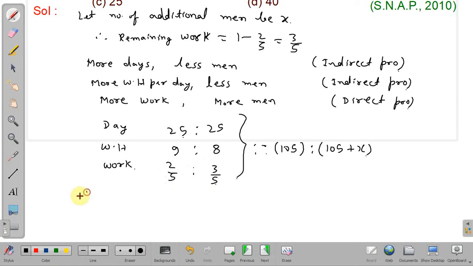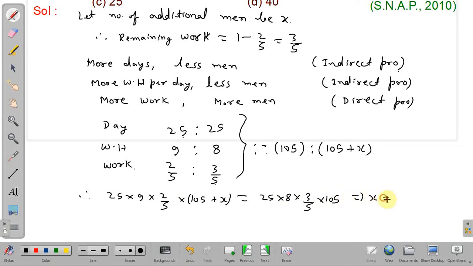Now we will apply rule of proportion. Therefore 25 into 9 into 2 by 5 into 105 plus X, that is product of extremes, equal to product of means. So it is 25 into 8 into 3 by 5 into 105. From this, after solving, we will get X equal to 35.